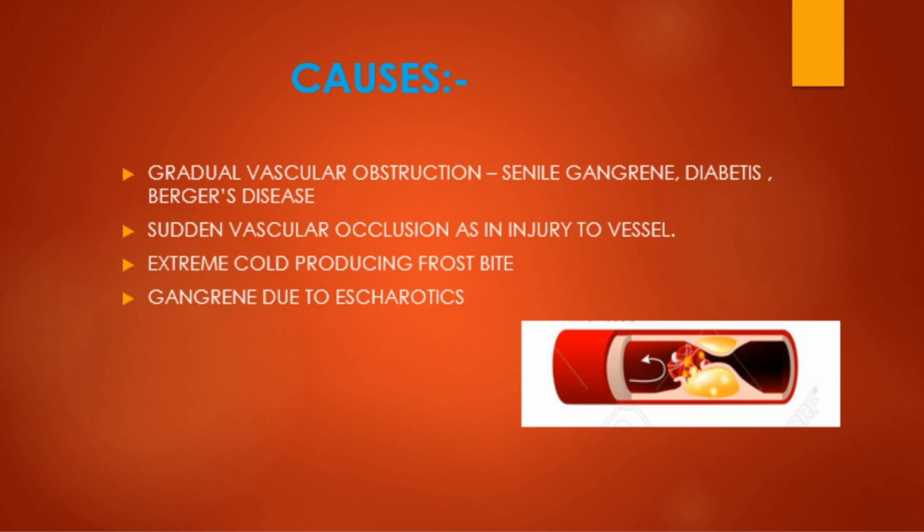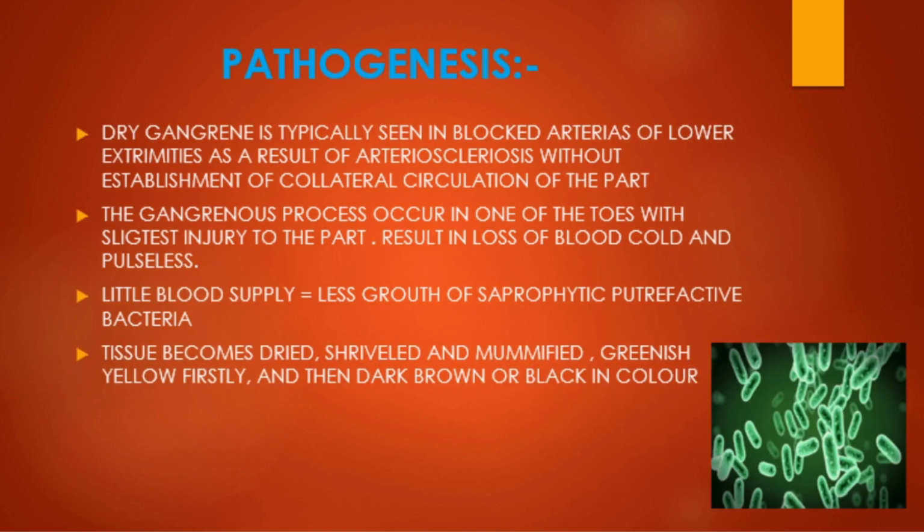Now the pathogenesis of dry gangrene. The first point: dry gangrene is typically seen when the arteries of the lower extremities are blocked at the distal portion, particularly in senile conditions as a result of arteriosclerosis, without establishment of collateral circulation to that part. Then the gangrenous process occurs in one of the toes with the slightest injury, and that part becomes cold and pulseless because there is loss of blood supply.